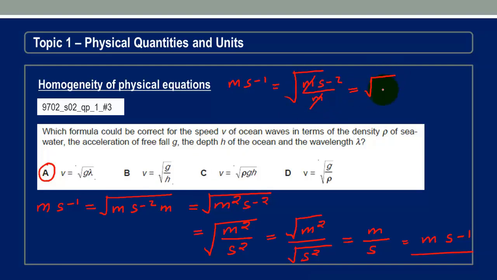And then you are going to have the square root of per second squared, and the unit on the right hand side is per second. So we observe here, on the left hand side we've got the base units meters per second. On the right hand side we've got per second. Obviously these units are not equal. Therefore this equation is not homogeneous as far as base units are concerned.